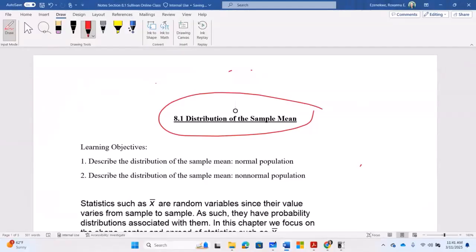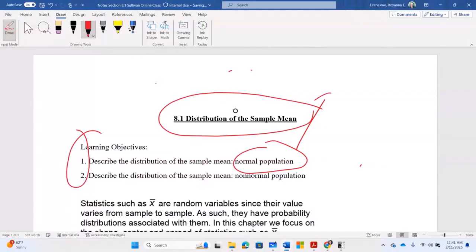Okay, so there are 2 important questions we should know how to answer before we finish 8.1 next class. We're finishing it next class, but we're starting it today. Describe the distribution of the sample mean from a normal population. What does it mean?